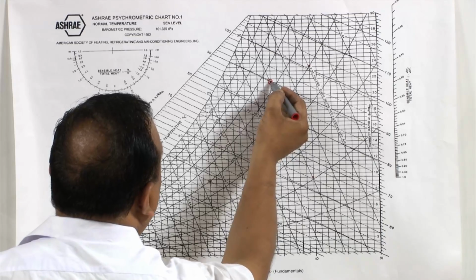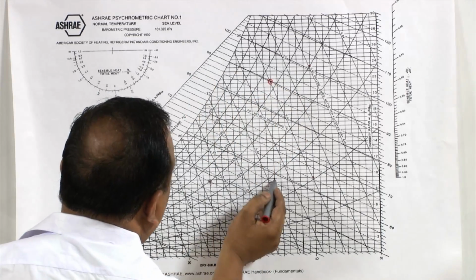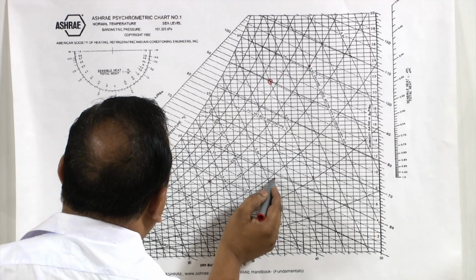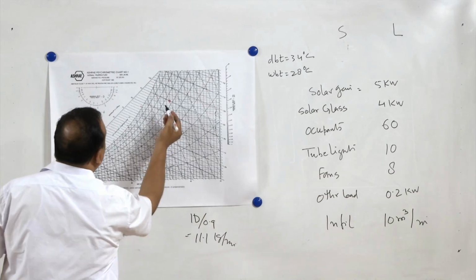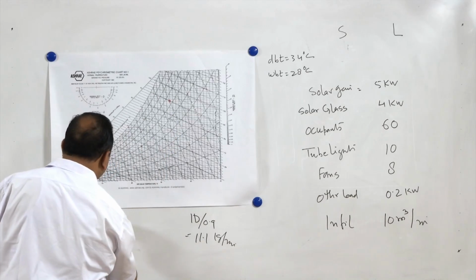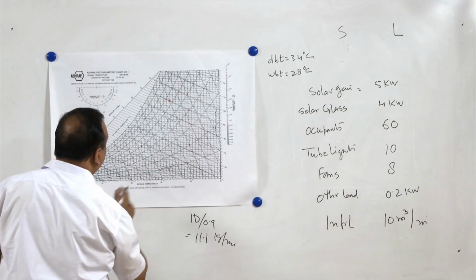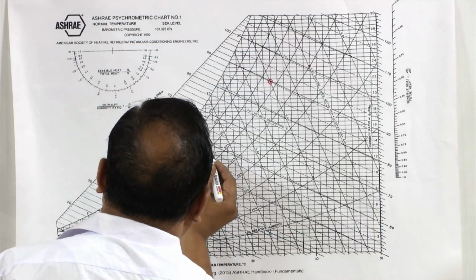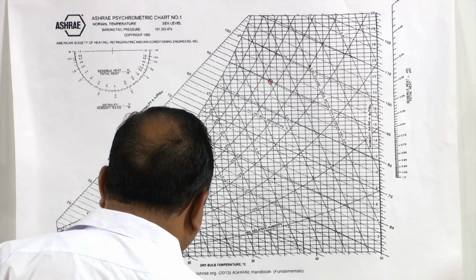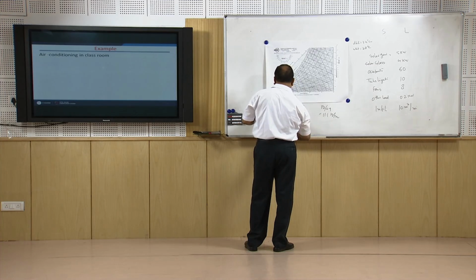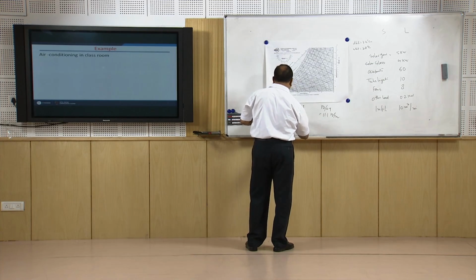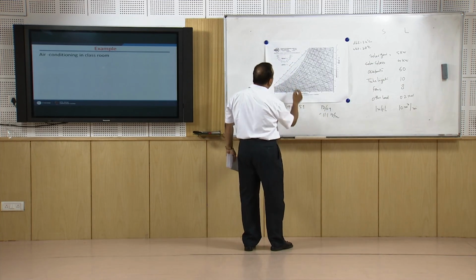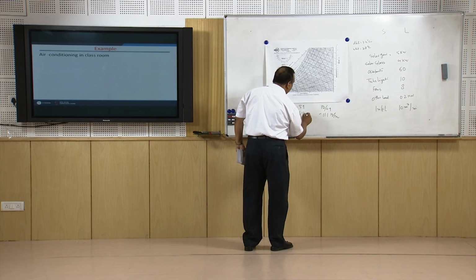So, latent heat addition is 90 joules minus 59 joules. So, 90 joules, or this one is how much? 59 joules. So, it is going to be 21 joules per kg multiplied by 11.1.